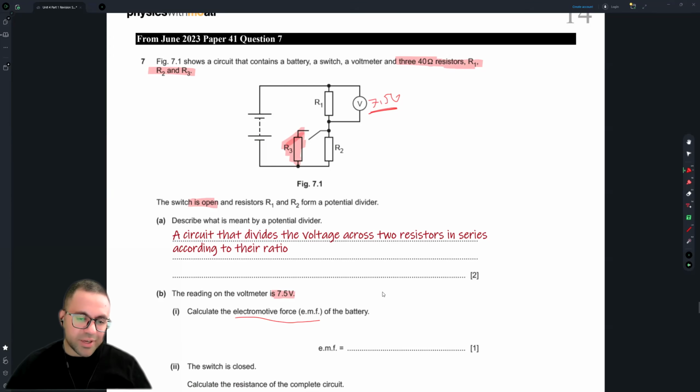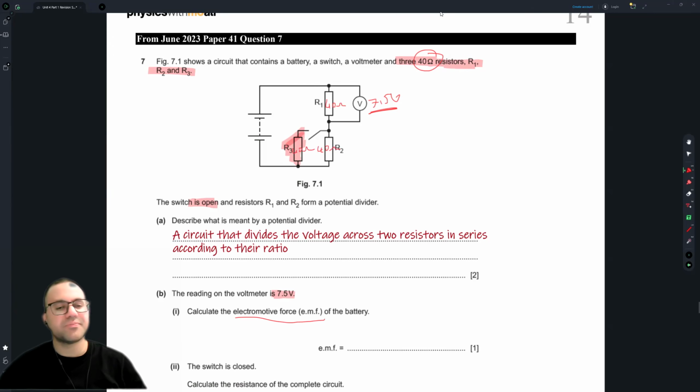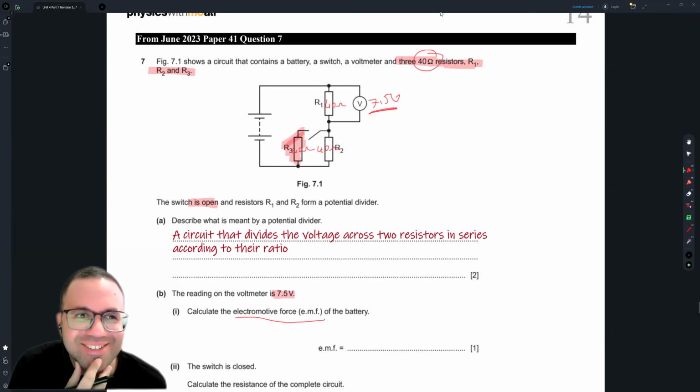What is the EMF of the battery? Ooh. Actually, that's easy. Didn't he say they're all 40 ohm resistors? Like this is 40, this is 40, this is 40. No, but this doesn't count. If I have two resistors that are equal in value in series, doesn't the voltage split equally between them?